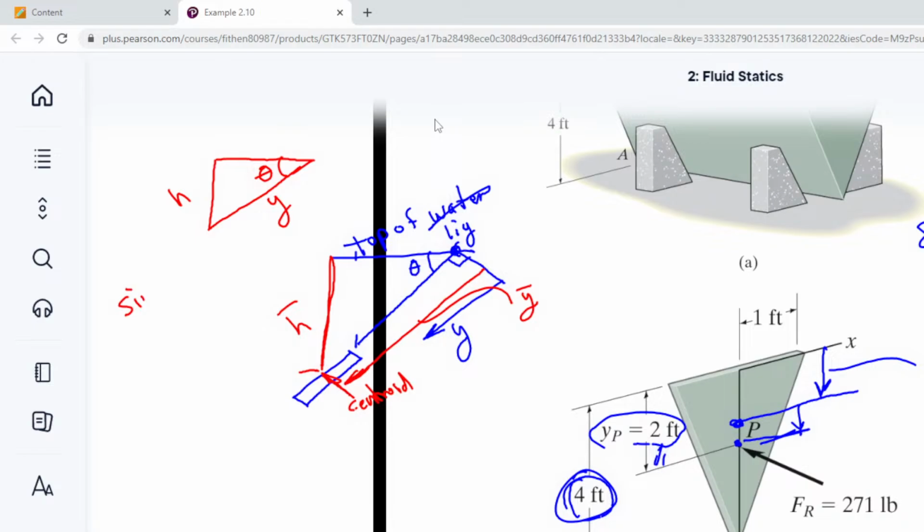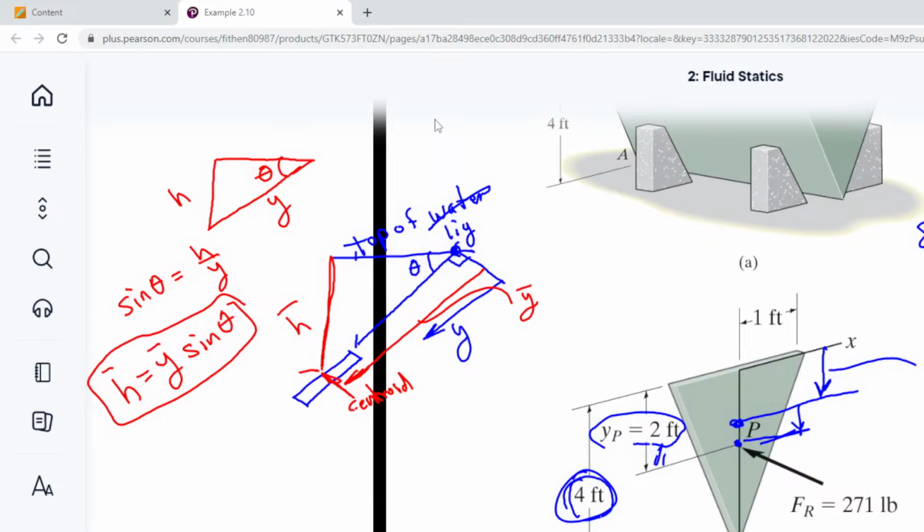So the sine of theta is equal to h over y, or he's written it more in the book like this. So h and y are related through this angle.